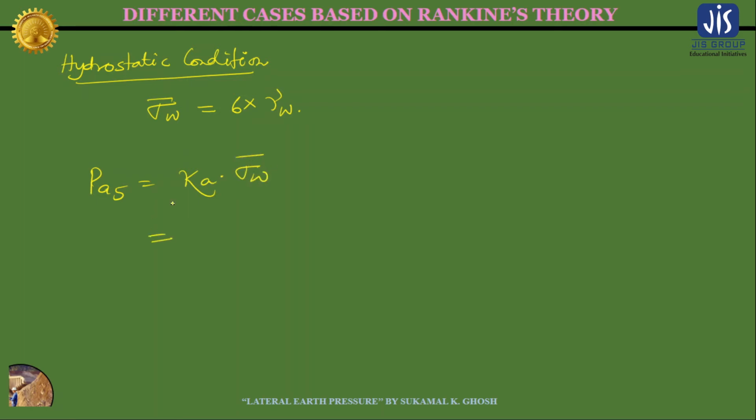We know for hydrostatic condition this Ka is equal to 1, and the value of sigma W bar is 6 into the value of gamma W, 9.81. So if you solve it, you will have 58.86 kilonewton per meter square. Okay, so this is the value of Pa5.